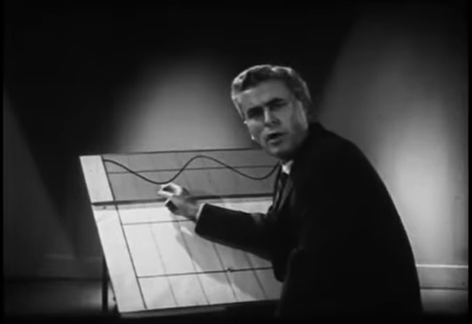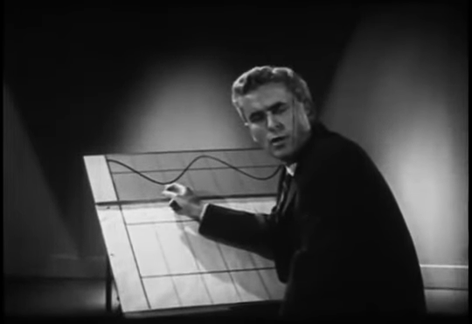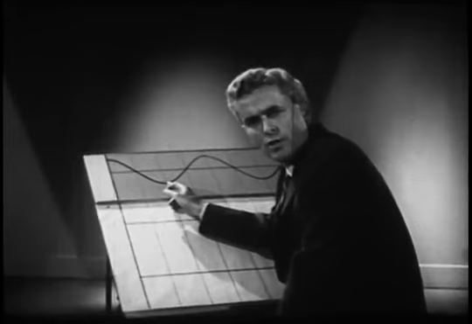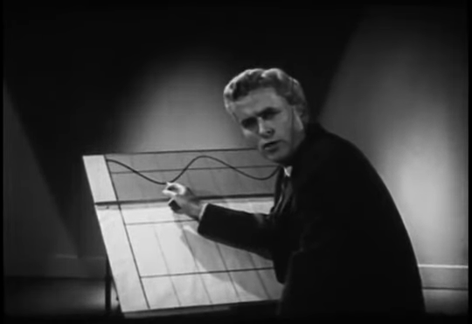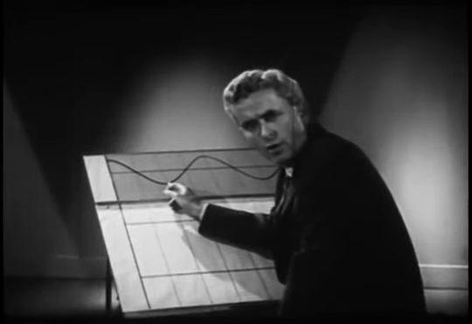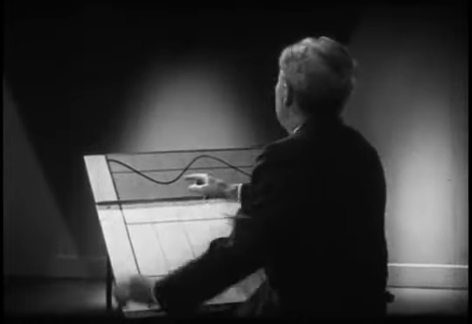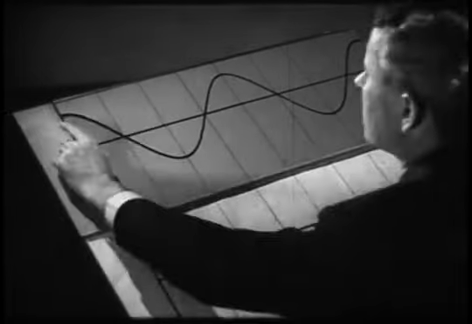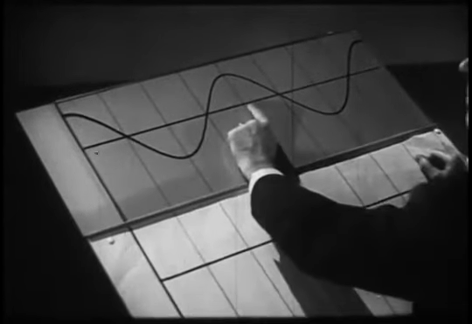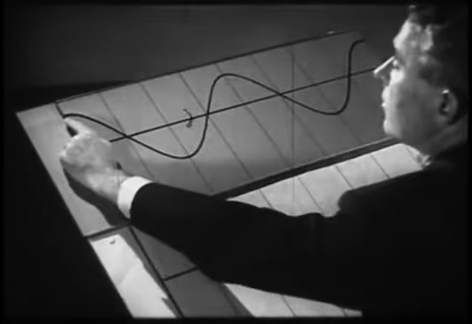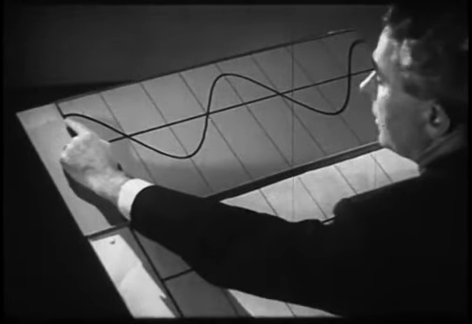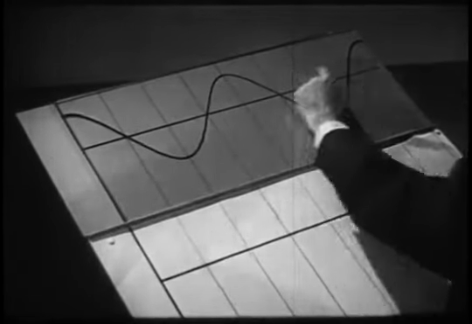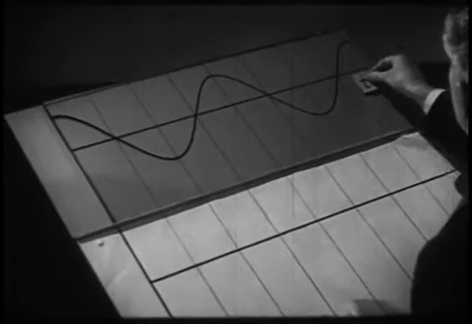I have it on good authority that this is a displacement time graph for simple harmonic motion. Now I'm going to use this graph to find out how to write an equation which describes simple harmonic motion. I drew axes on here earlier, a vertical axis and a horizontal axis. The pen first touched the plate up here, so time is plotted in this direction.